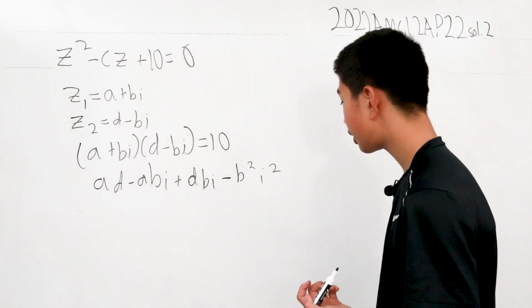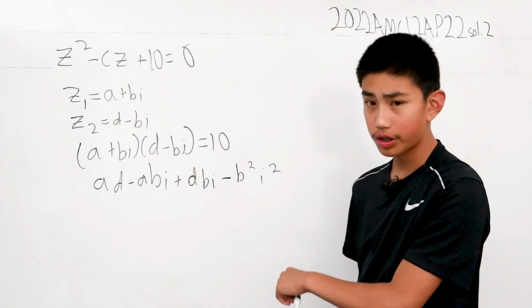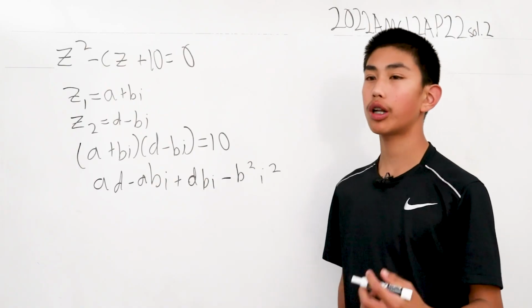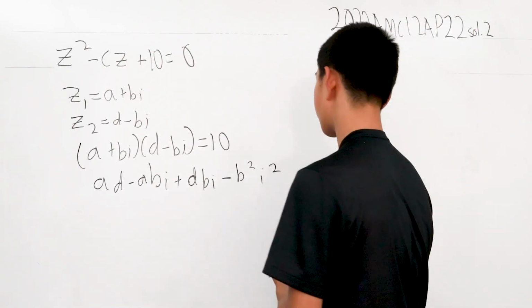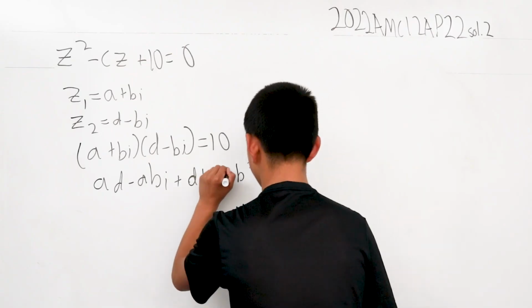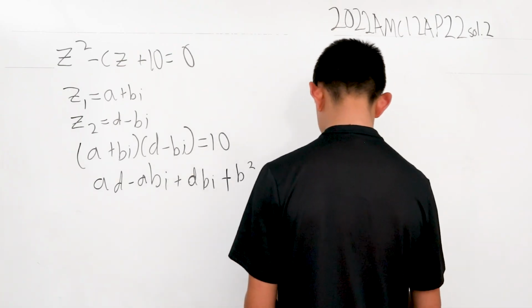Now, we know the quantity i squared is -1, because i represents the imaginary number, the square root of -1. When you square that, it's negative one, so this in turn becomes a squared plus b squared, and that is equal to 10.